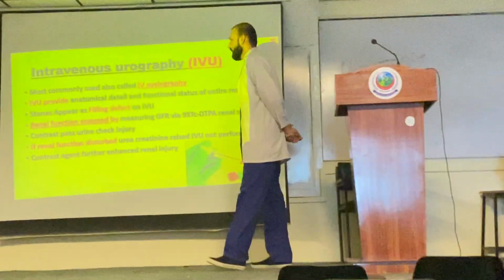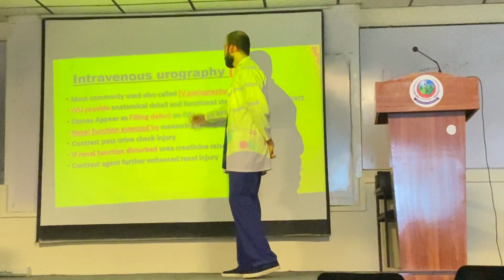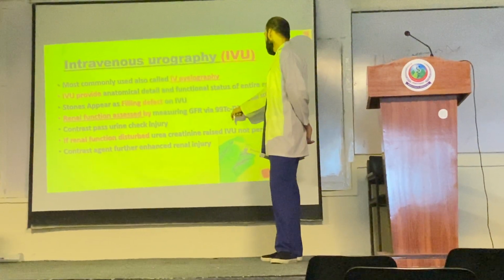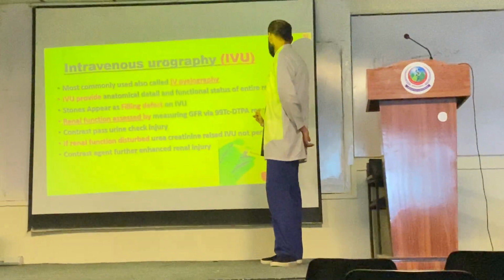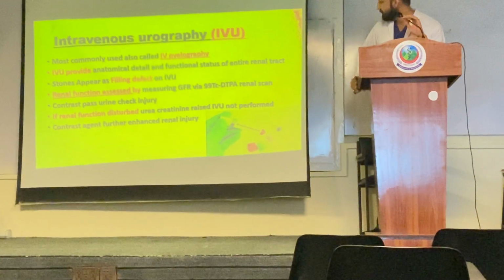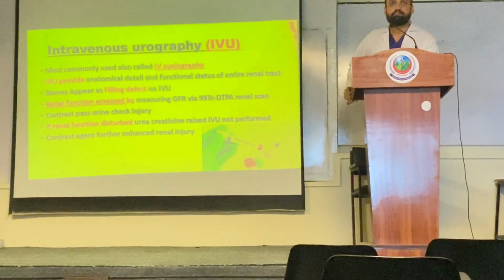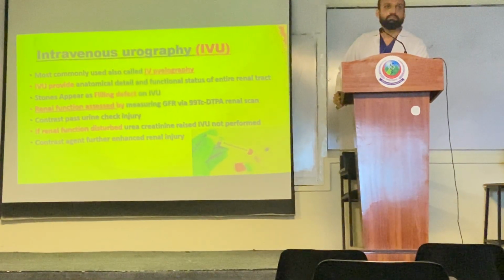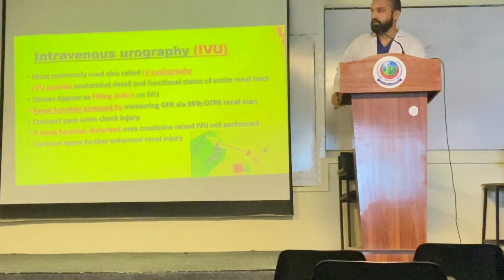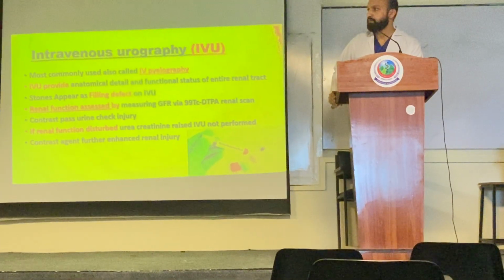So we will check the renal function before performing the intravenous urography by measuring the GFR with the 99m technetium DTPA renal scan. Can anyone tell what DTPA is? DTPA scan depends on what?